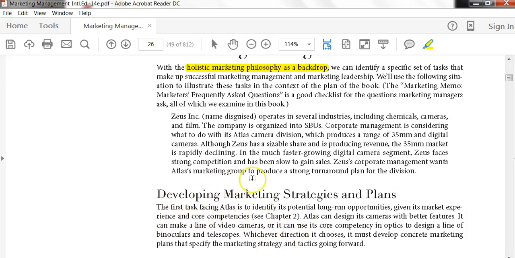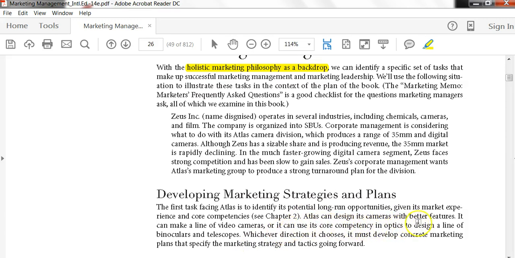First they start with the marketing strategies and plans. Their first task is identifying Atlas's long-term opportunities given its marketing experience and core competencies. What do we mean by core competency? We will discuss that in chapter 2. Atlas can design its camera with better features. It can make a line of video cameras.